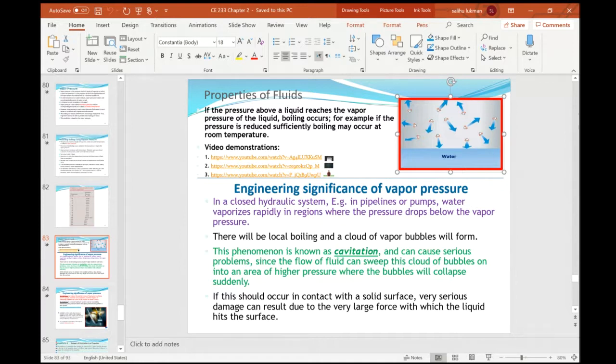And these vapor molecules, once they are trapped, exert more pressure than when it is open. This also explains exactly what I said: when you have a closed container and an open container, the closed container will boil faster because the vapor is trapped, hence exerting more pressure. There are 3 videos here for demonstration, which is very important.